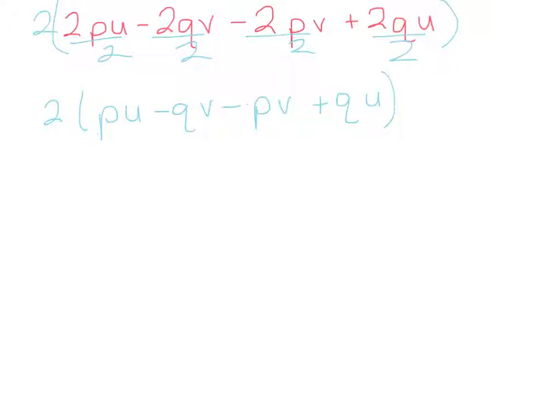So instead of doing that, let's put, and there's more than one way to do it at this point, but I'm going to put the ones with the P's together. So PU minus PV will be 1, and the other one, and then that leaves us minus QV and plus QU.